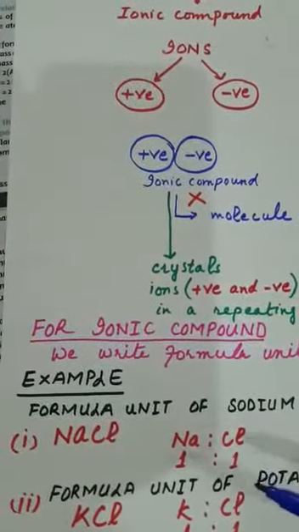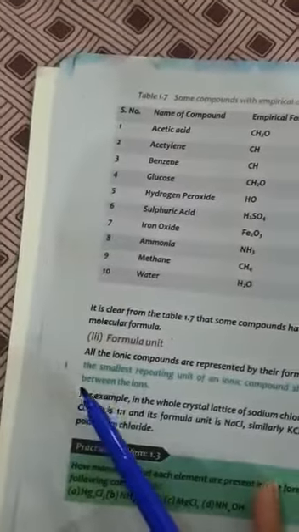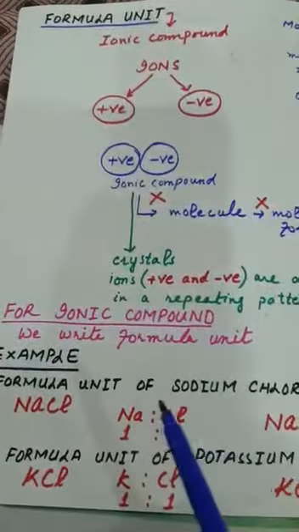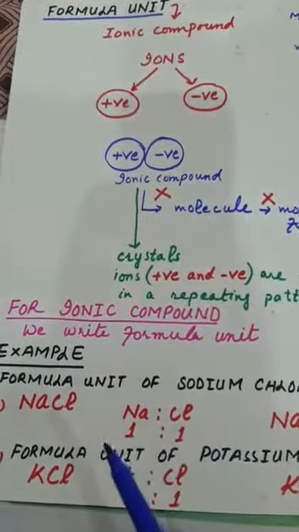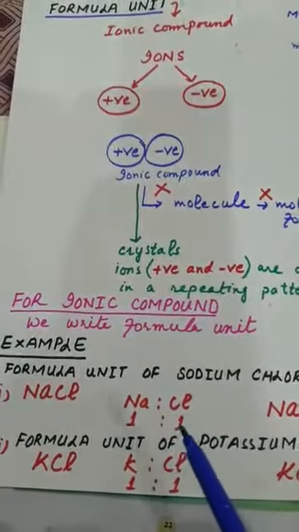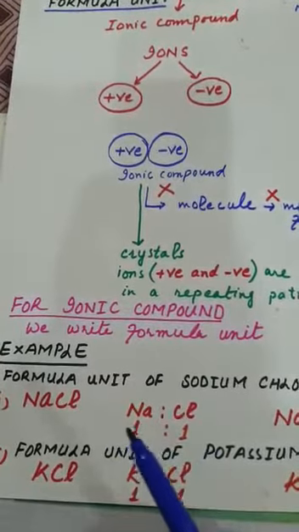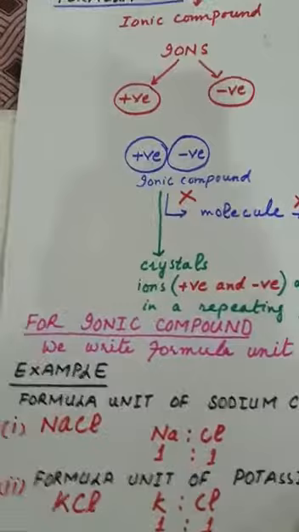Formula unit is the smallest repeating unit of an ionic compound showing the simplest ratio between the ions. In these examples, sodium ions and chloride ions are present.